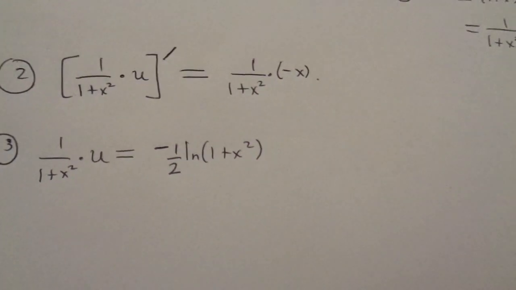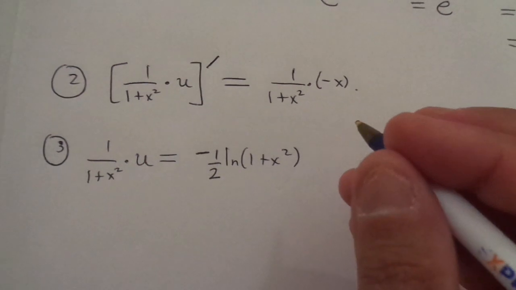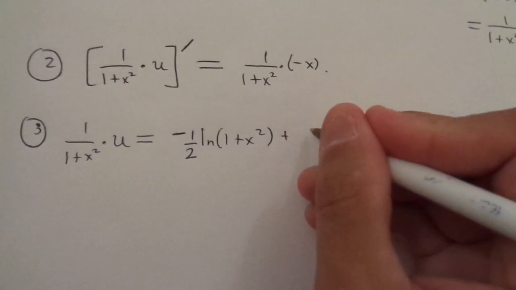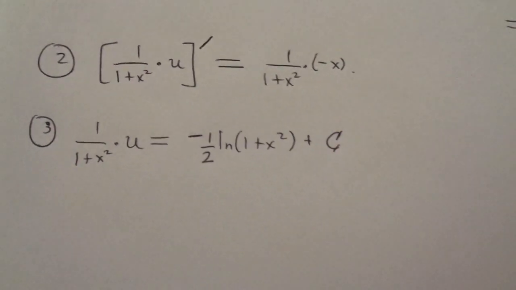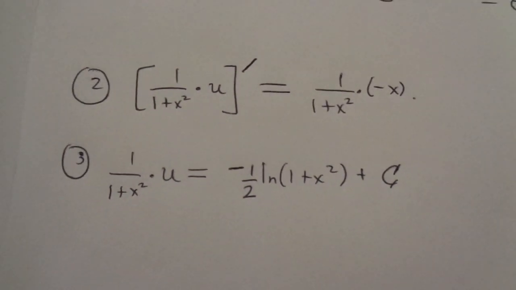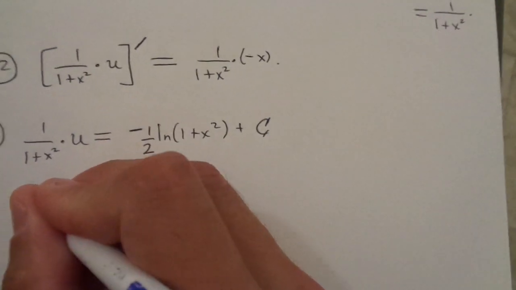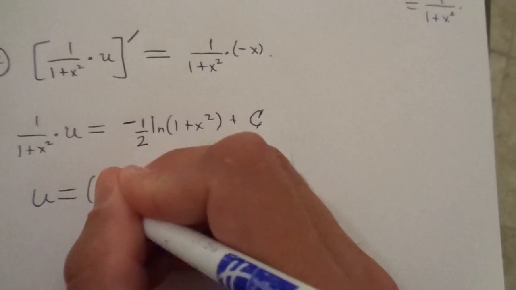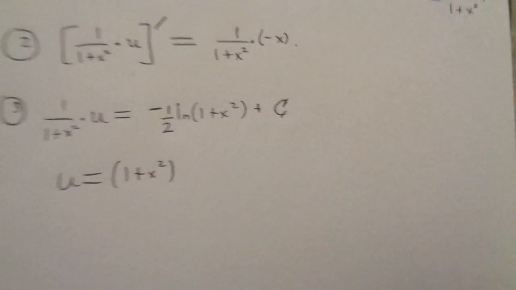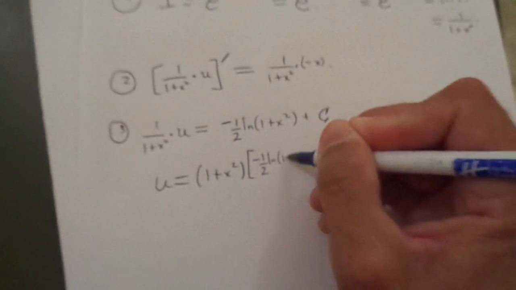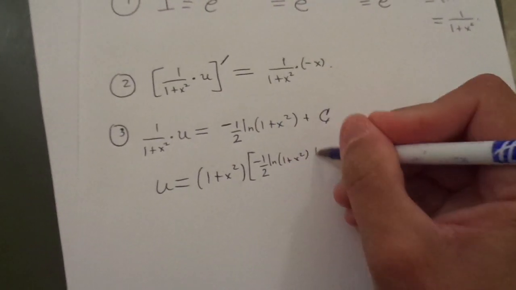The antiderivative of that is the ln of 1 plus x squared, and then plus c. I'm skipping some of the steps of the integration just because I know you guys can do that. We can then solve this for u by just multiplying through by 1 plus x squared. So it's going to look like this.